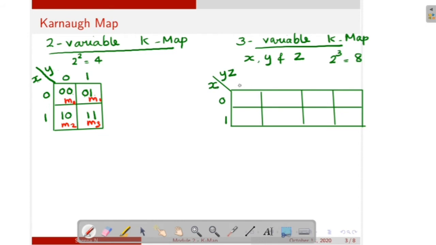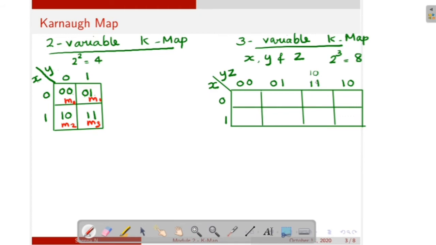Okay, so here for yz we have the values 0, 0, then 0, 1. Here we have written 1, 1 and 1, 0, 4 combinations. Why should I write 1, 1 here and 1, 0 here? Because the adjacent cells may differ in 1 bit only. So when you write 1, 0 here, it differs in 2 bits. The first bit is different and the second bit is also different. That is not possible in K-map.